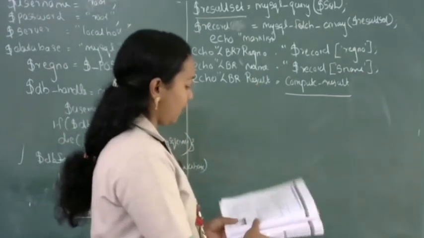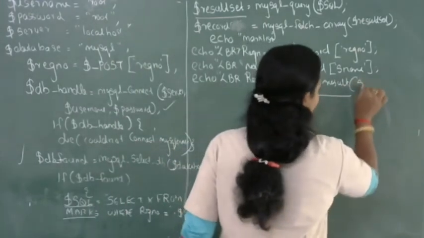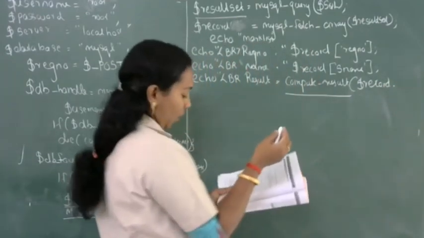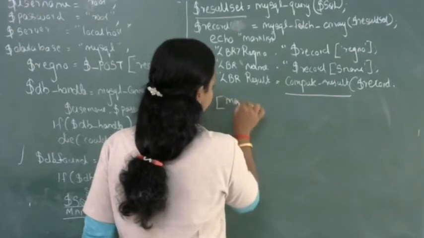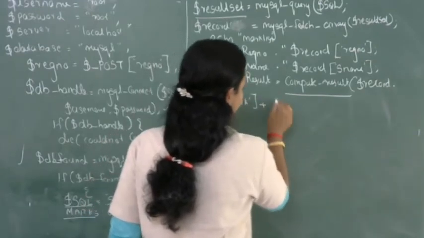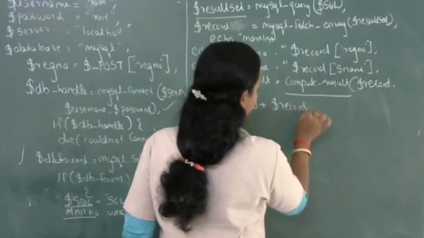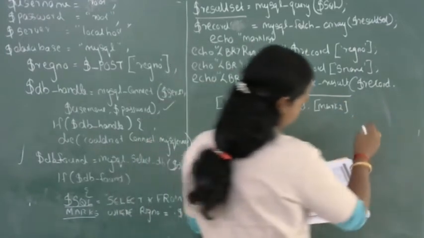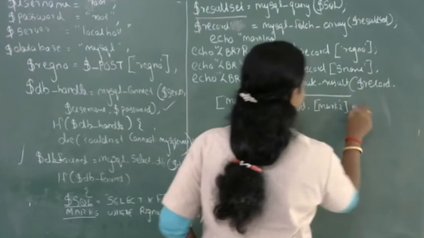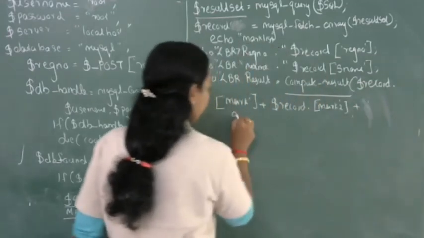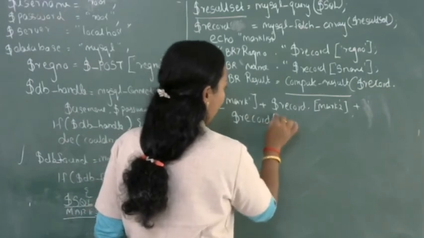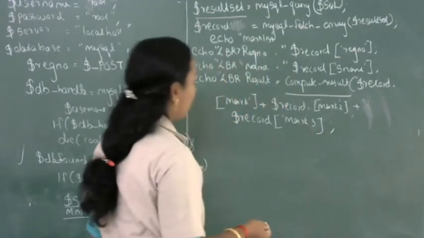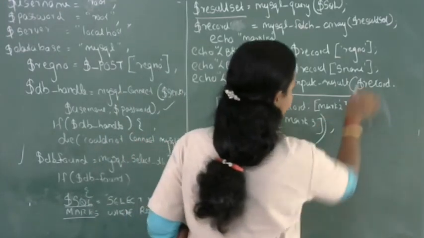If you want to write the compute result, we can write it like this: $record of mark 1 plus $record of mark 2 plus $record of mark 3, then close the parenthesis.